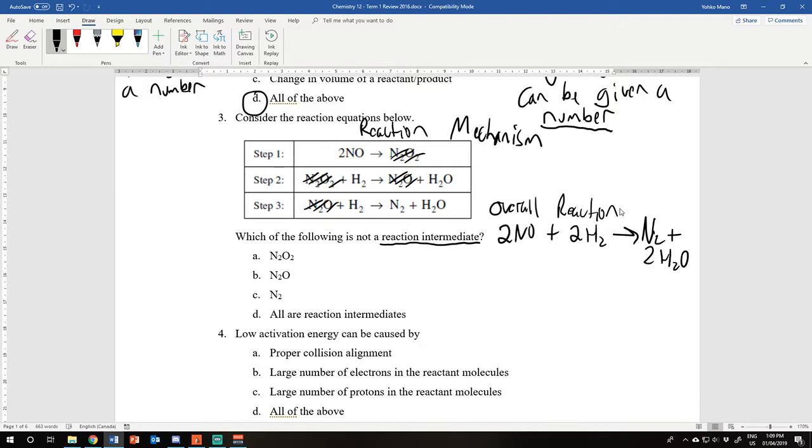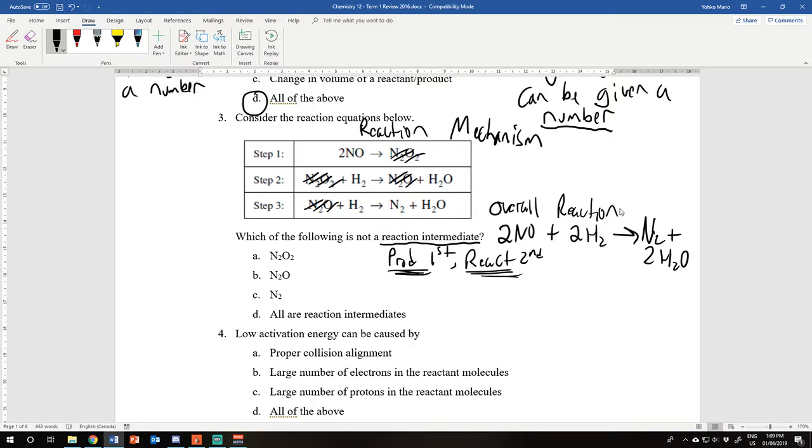But the order is very, very specific. So a reaction intermediate is a product first and then a reactant second. So basically, some step produces them early, and then another step later on down the line uses them up.